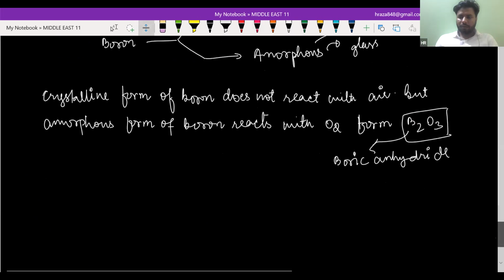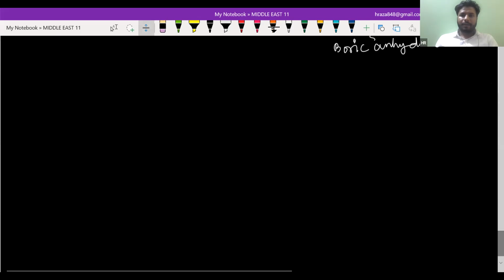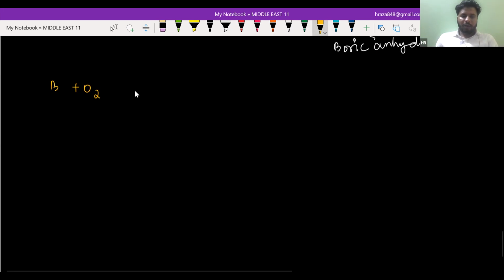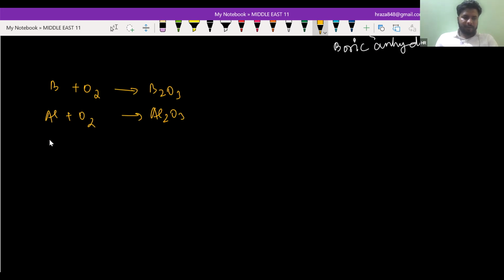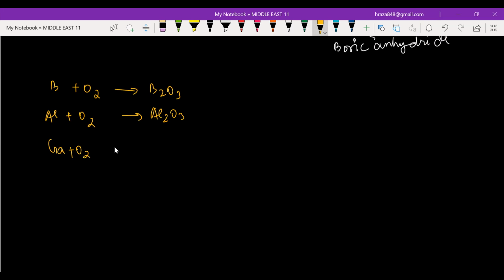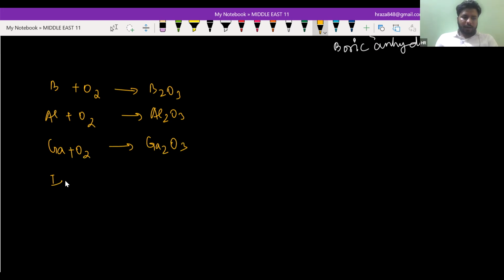Now come to the point. When boron reacts with oxygen, it forms B2O3. When aluminum reacts with oxygen, it forms Al2O3, right? Any problem in this? And it will be Ga2O3. Again, indium will be In2O3.